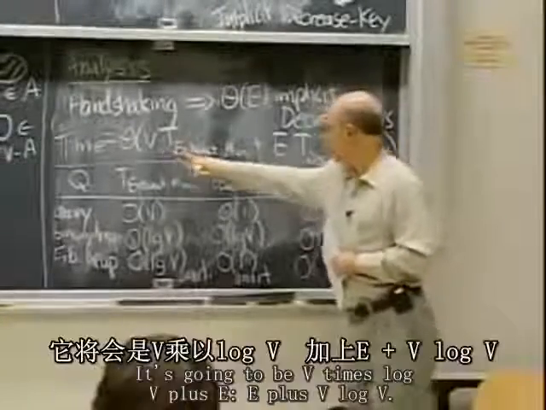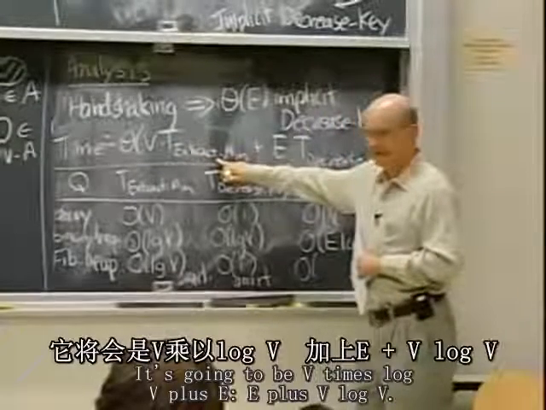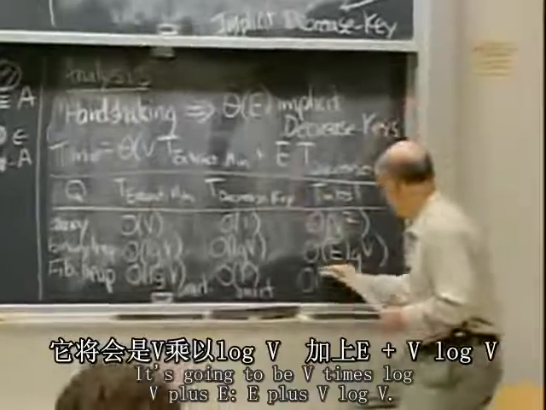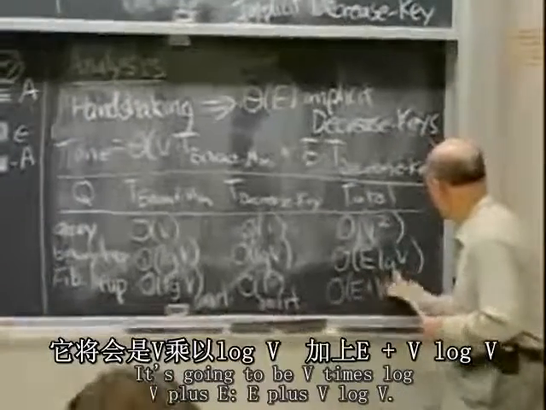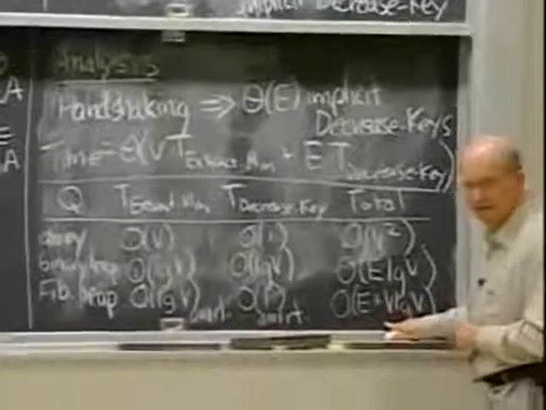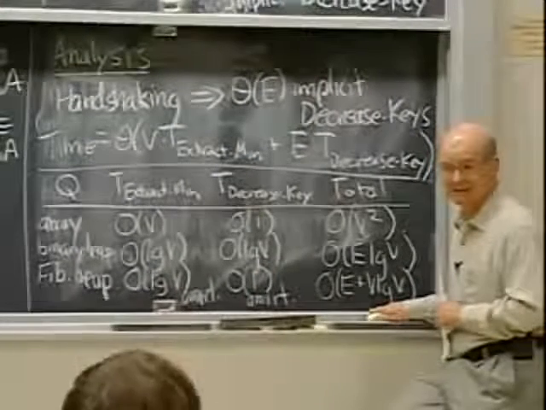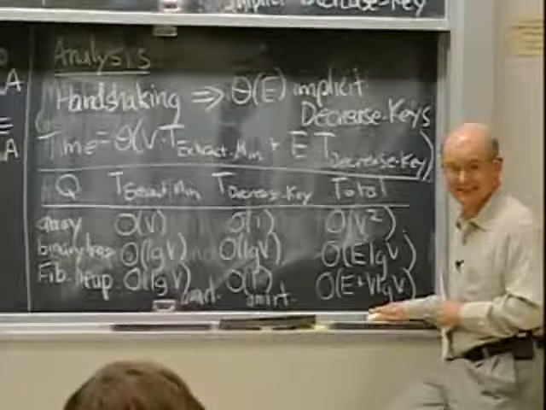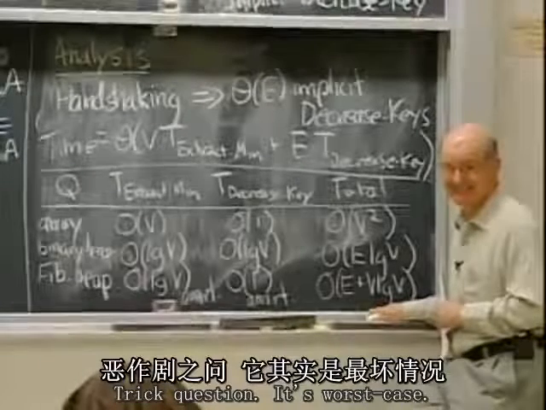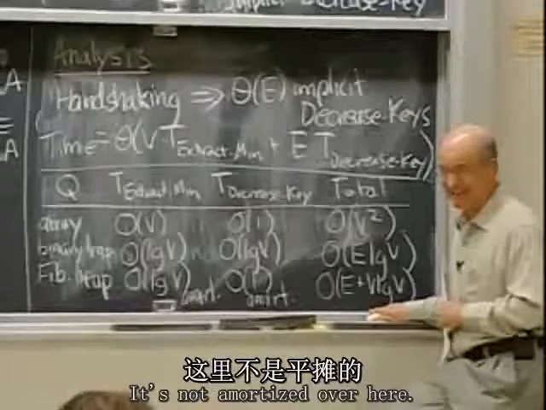It's going to be V times log V plus E. E plus V log V. These are amortized, so what's this? Trick question. It's worst case. It's not amortized over here.